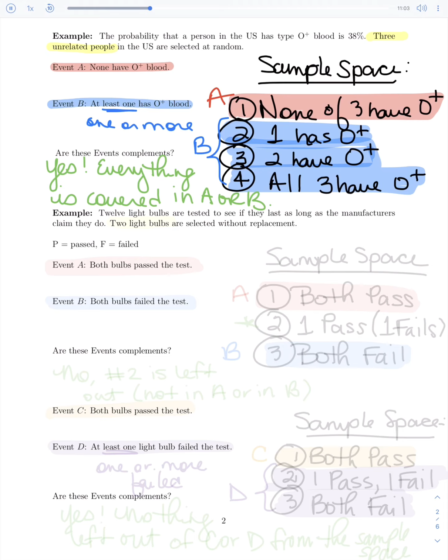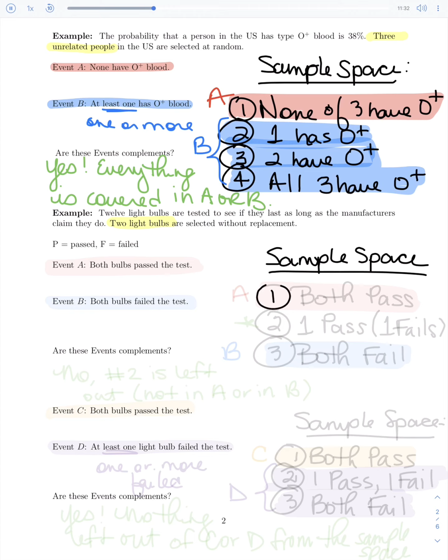Okay. Here's a couple more. 12 light bulbs are tested to see if they last as long as the manufacturers claim they do. 2 light bulbs are selected without replacement. So 2 light bulbs, that's what we're looking at. Well, we're going to determine whether or not things are complements or not. So let's list out our sample space again. But again, we're just dealing with 2 light bulbs and whether or not they pass or fail.